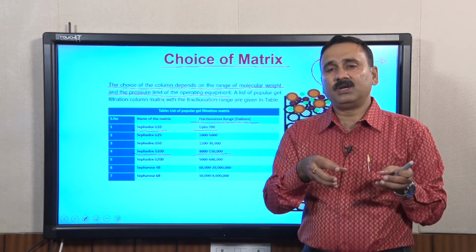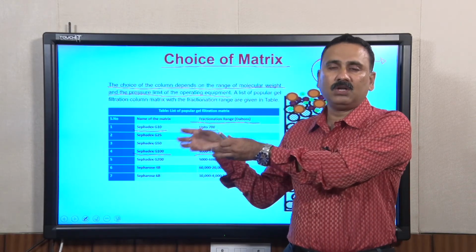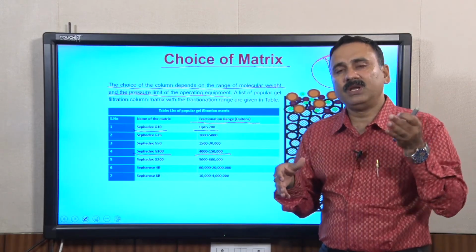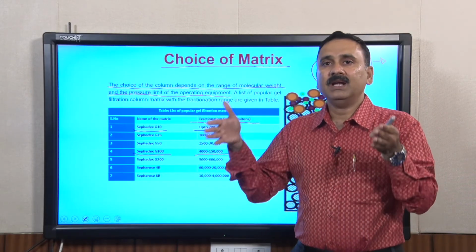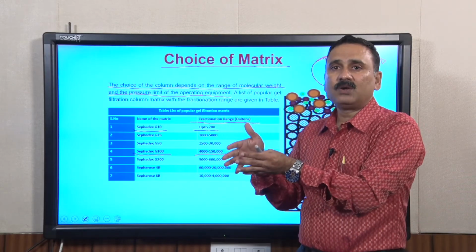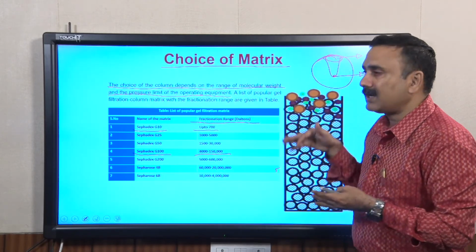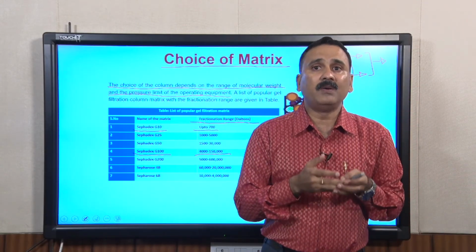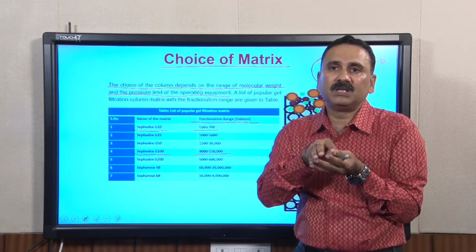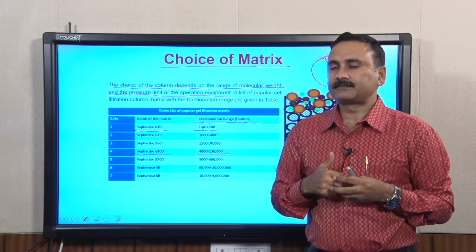The difference between 120 and 150 is 30 kilodalton, and the difference between 150 and 180 is also 30 kilodalton, but because the column has a fractionation range of 4 kDa to 150 kDa, it will resolve 120 to 150 kDa better than 150 to 180 kDa, because the pore size will not allow the 180 kDa to be resolved from the 150 kDa. So both molecules will sit on top of each other, and when you elute, they will come out together.